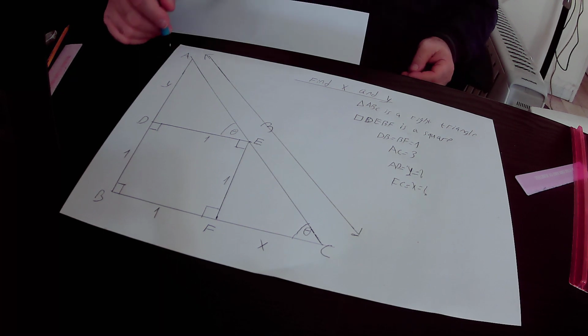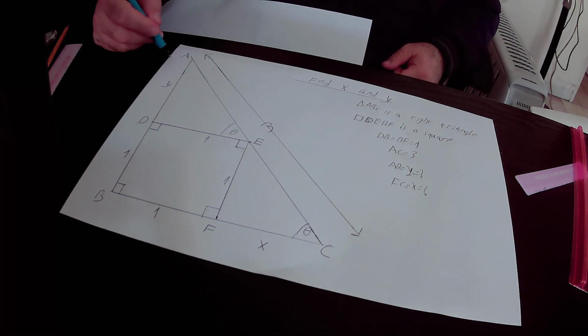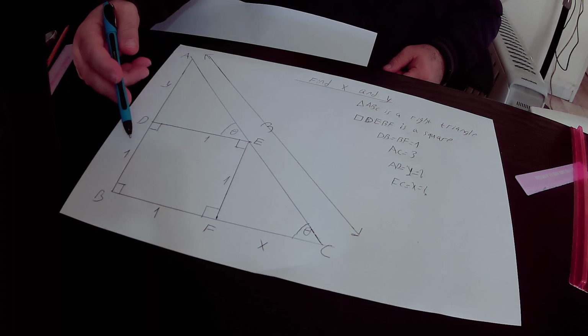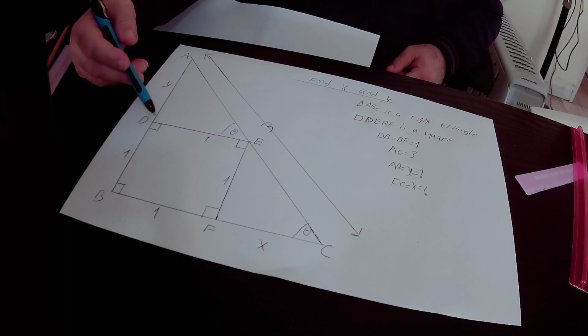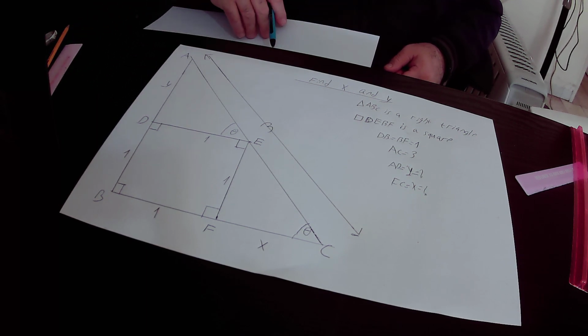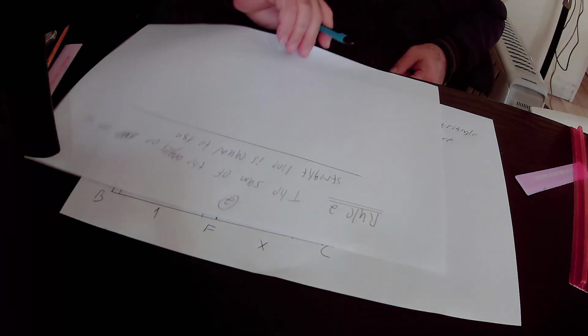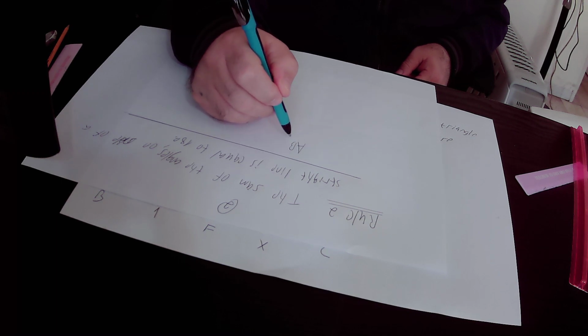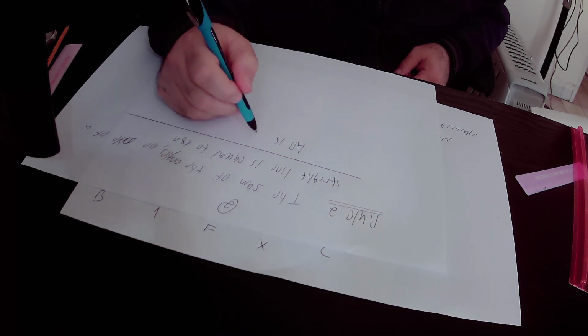In our drawing, AB is one side of the right triangle ABC. Therefore, AB is absolutely a straight line. So I'll write it down that side AB is a straight line.